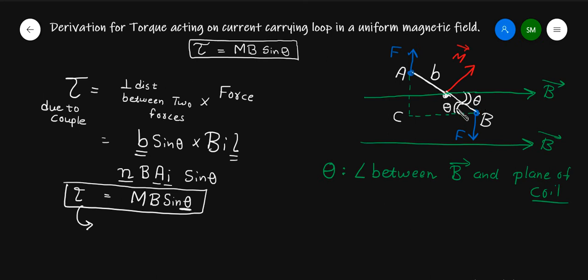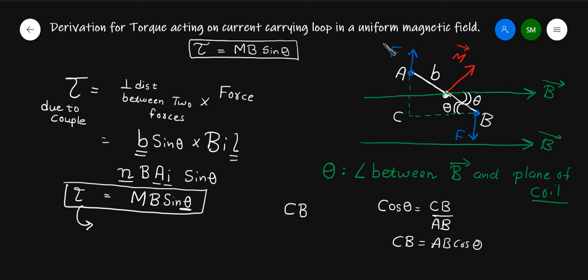Now the perpendicular distance between these two forces was CB. If you want to calculate CB here, you need to apply cos theta in the triangle. Cos theta will be CB upon AB, so CB will be AB times cos theta.